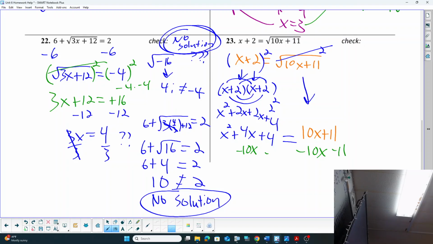Get everything to the other side and factor it. So that goes away, becomes a 0. Negative 11 with a positive 4 is negative 9. Negative 10x and 4x is negative 6x. And then x squared. Let's go ahead and factor that. So x and x, factors of 9.